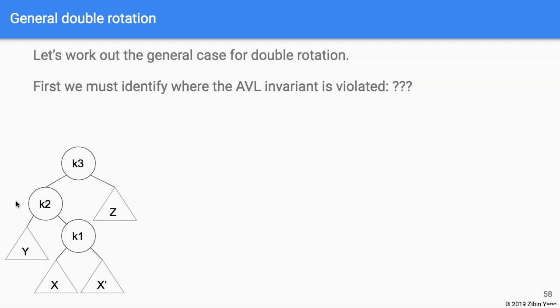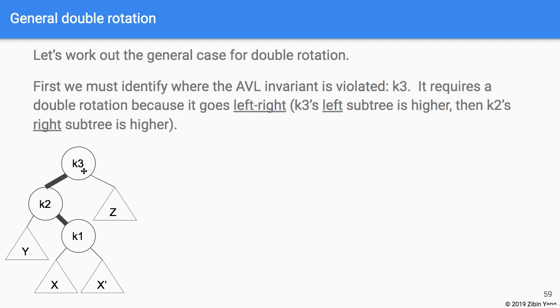So given this tree, if we look at it, and again, all these little triangles just denote subtrees that we're not going to really touch. And we're going to assume for all these subtrees, they're going to have the same height. So if that were the case, then which node would violate the AVL tree invariant? Well, it would be node K3, right?